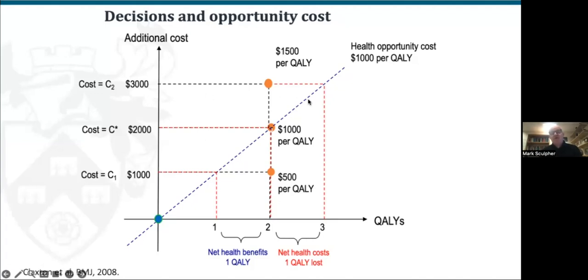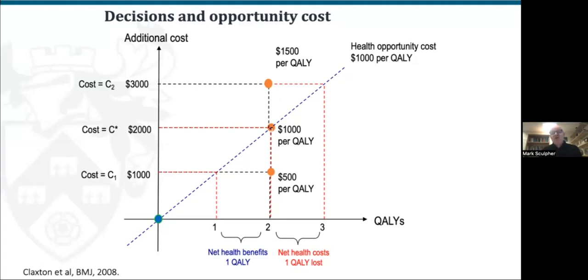And we should not fund a new treatment that actually results in a reduction in population health. So this measure of opportunity cost is obviously crucial to understanding how we make decisions in the top right-hand quadrant, and they apply exactly the same in the bottom left-hand quadrant as well.